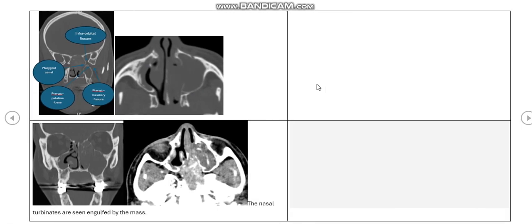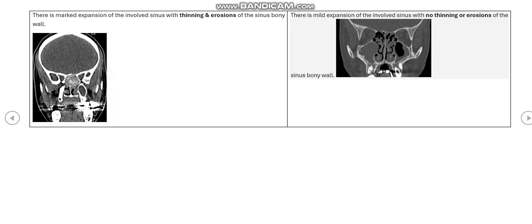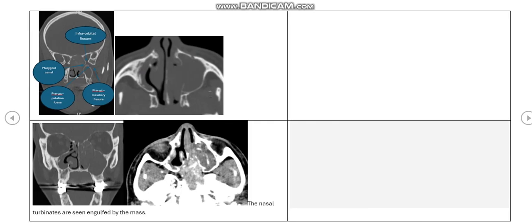Okay. So here, if you compare the bone thickness, this is the same thickness of the bone, no bony thinning here or erosions with sinonasal polyposis.